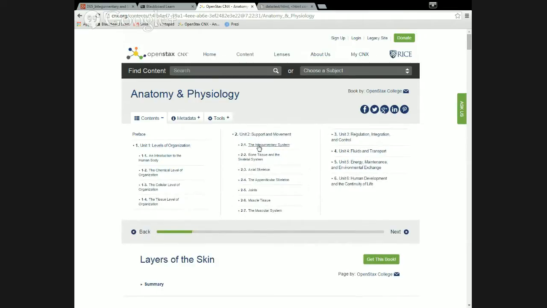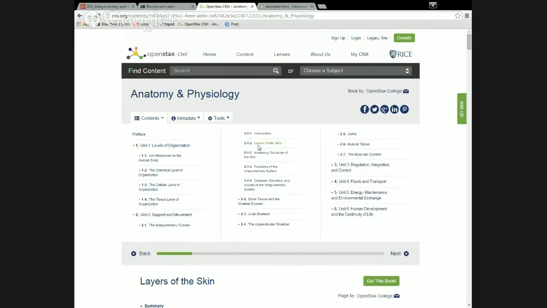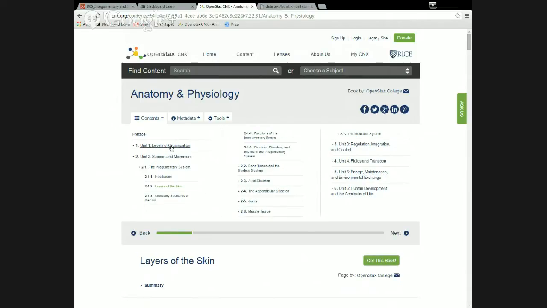And really for the integumentary system, the skin, what I think is best to concentrate on is how the chemical cells and tissues that we focused on in the first unit come together to make up this organ system. When we think about it, an organ is going to be made up of multiple tissues.